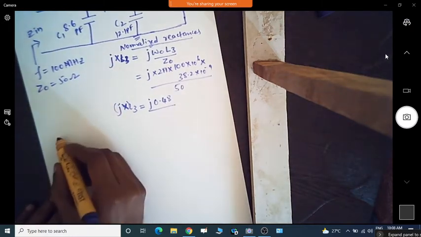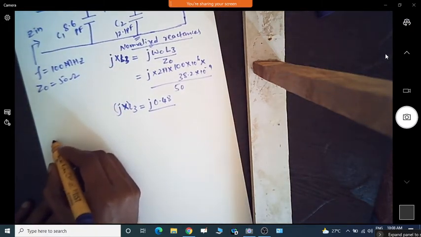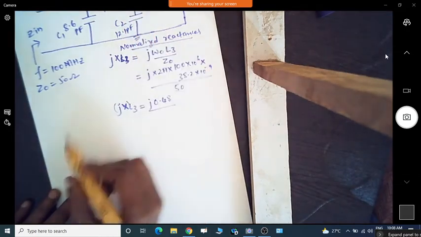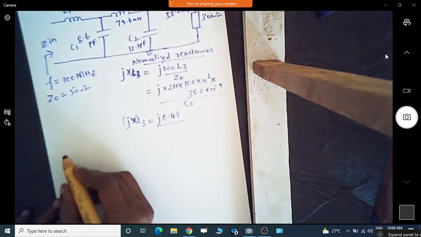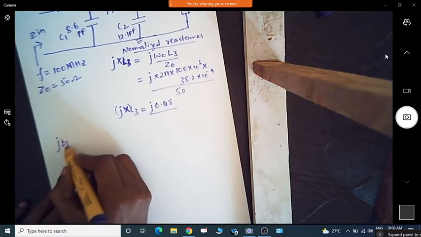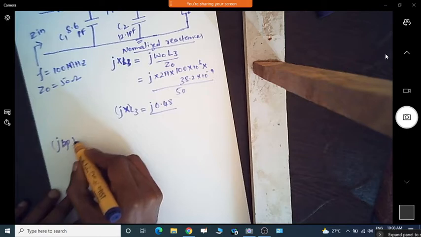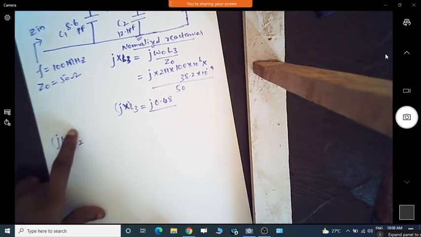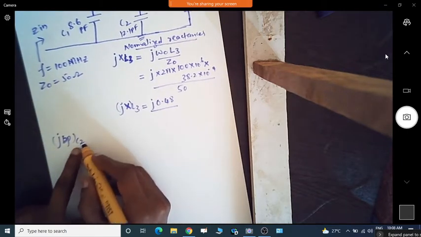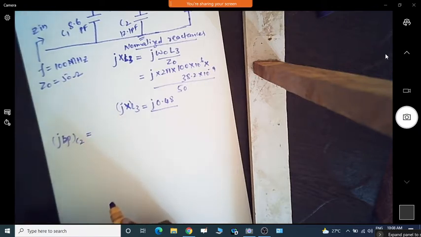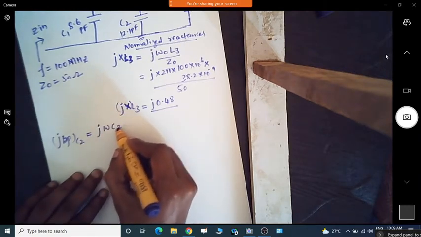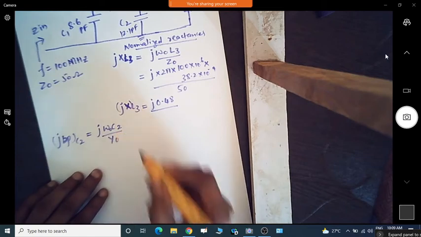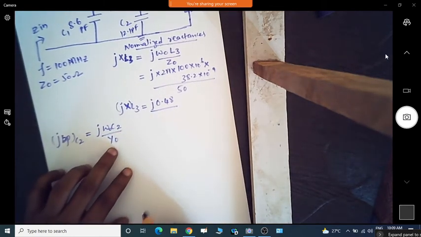Now similarly we can write the susceptance offered by the capacitor C2. Since it is a shunt connection, we need jBp due to C2. It is given by j omega naught C2 divided by Y0, because C2 is in parallel.